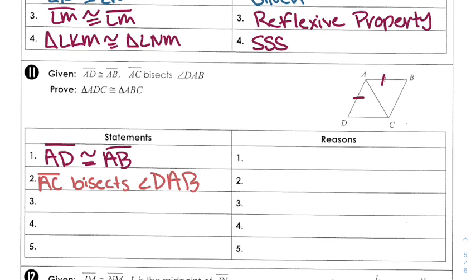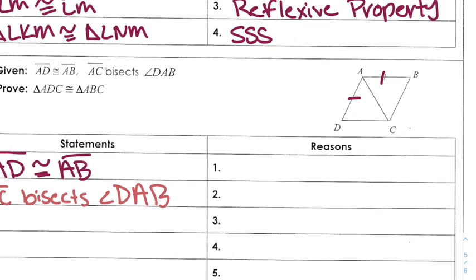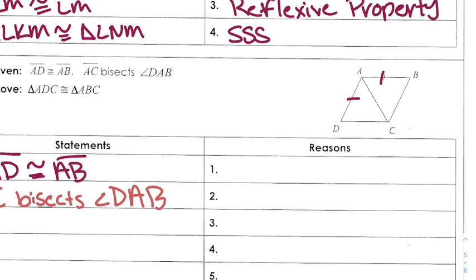Okay, so this is DAB, this is the angle, and it gets split in half, so 2 congruent angles, by line AC. Okay, so that means that angle DAC is now congruent to BAC. Okay, so these angles are congruent to each other.